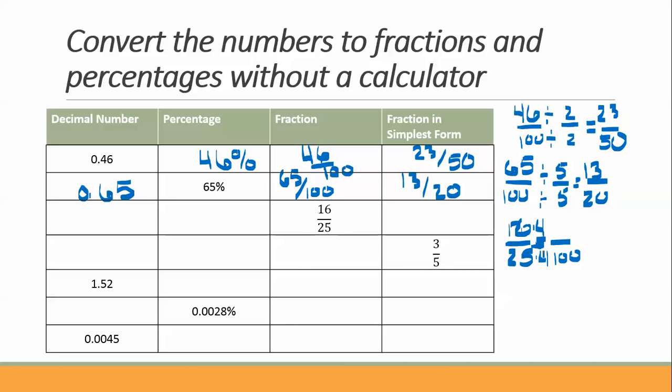That's how we find equivalent fractions, by multiplying by 1, or the same thing, numerator and denominator. And then 16 times 4 is 64. So our percentage is 64%. And that means our decimal number is 0.64. 16 over 25, they don't have any common factors. This is 2 times 2 times 2 times 2. This is 5 times 5, so this is actually our fraction in simplest form also.